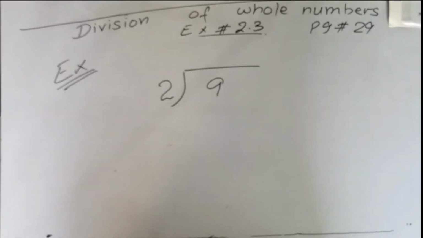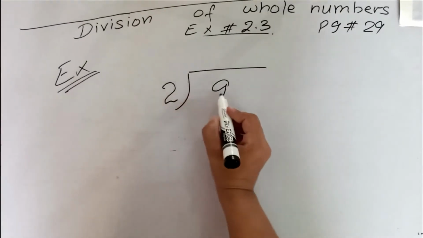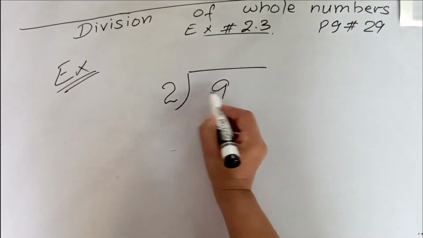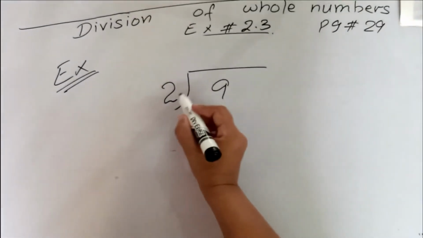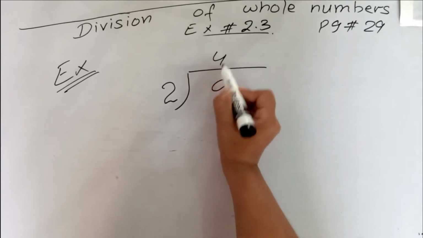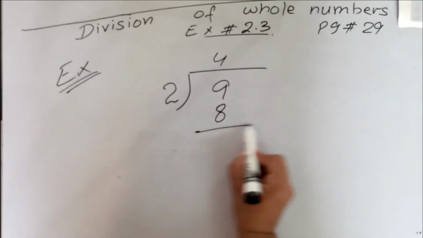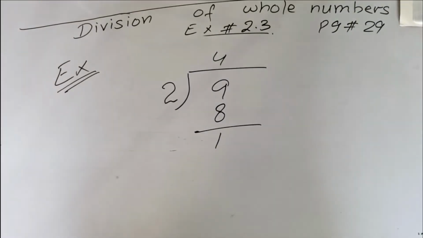Okay students, you can see over here one example. 29 is divided by 2. So when we divide it by 2, we get 2 4s are 8, because 9 is not divisible by 2 completely, so we get this.